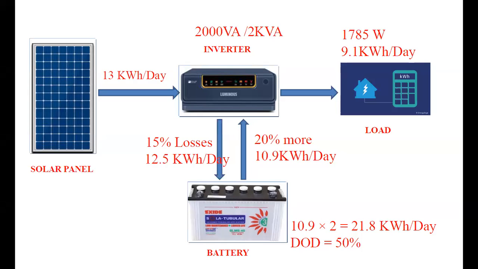The power or energy flow is from the solar panel to the load, but the sizing and selection of the ratings of the different components is in the reverse order. That is, we calculate the power of the appliances connected to the home and the energy consumption per day, and from this data we proceed to the ratings of the inverter and battery, and calculate the ratings of the solar panel.